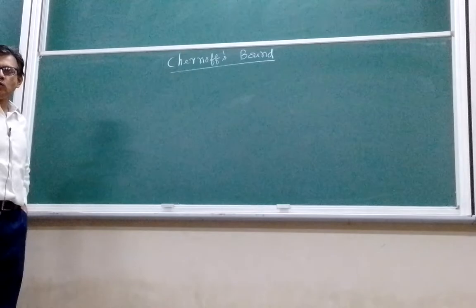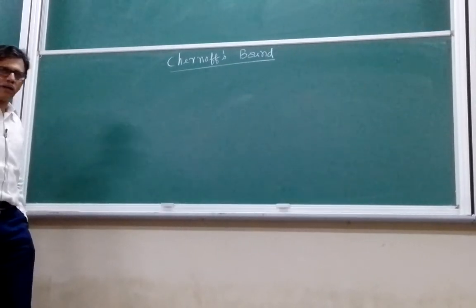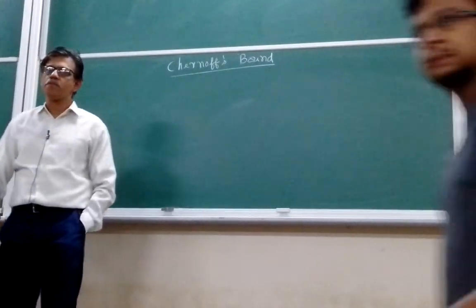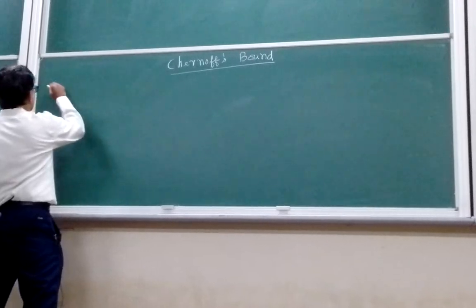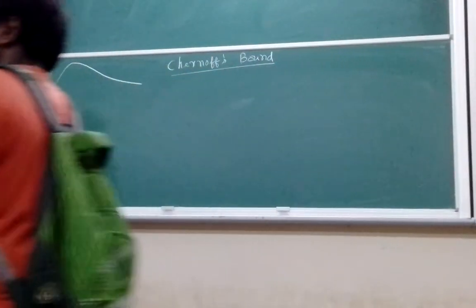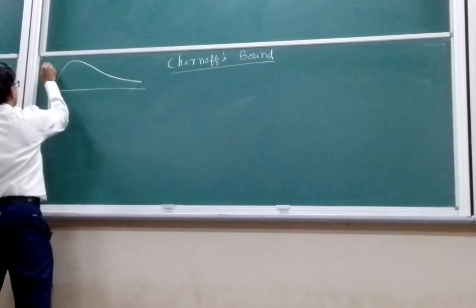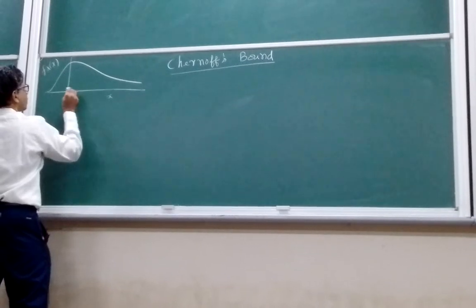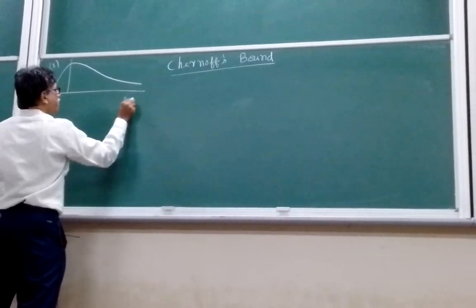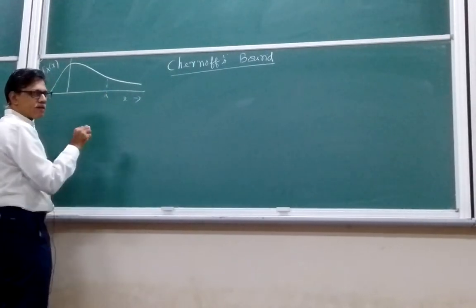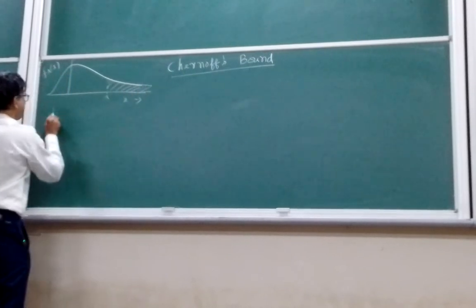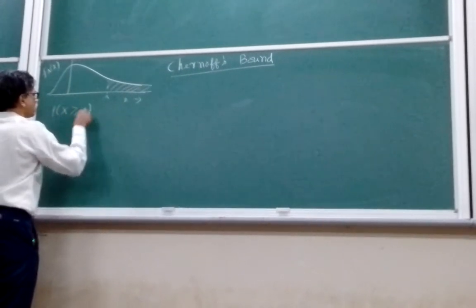So this is an extremely useful bound. It's similar to the Markov inequality and Chebyshev inequality. It gives an inequality or a bound on the tail probability. For example, if we have a density function like this one, take some value A, you are interested in finding the probability that x exceeds A. We normally call it the tail probability.